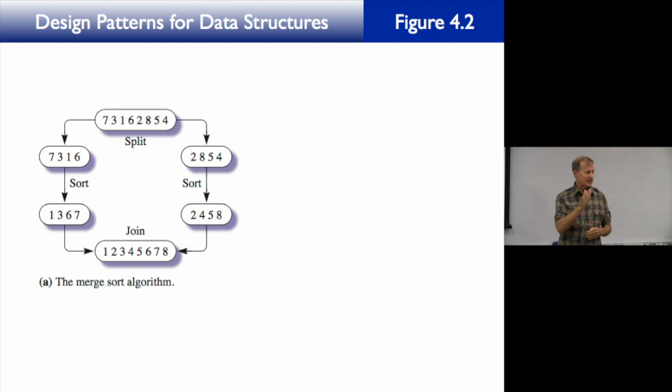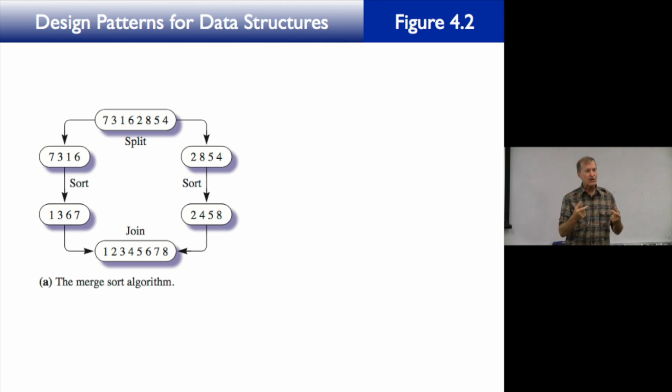All you do is take the midpoint, and these over here will be one side. That's the split, the left half and the right half. And then you recursively sort those lists. If you sort 7316, that sorted list is 1367, and if you recursively sort 2854, that sorted list is 2458.